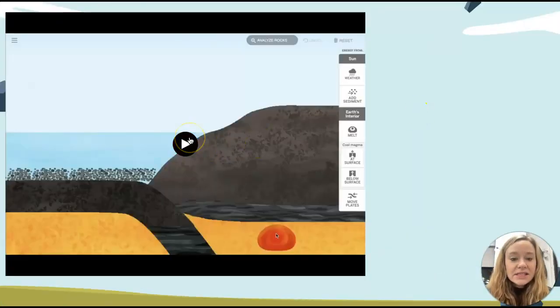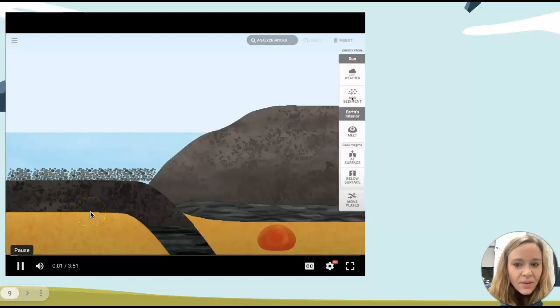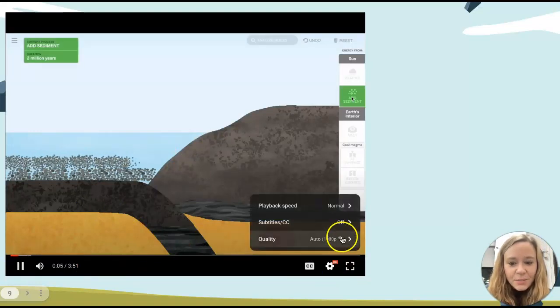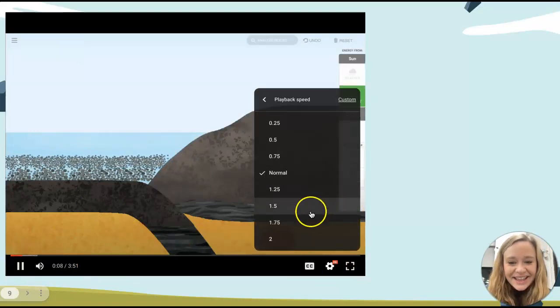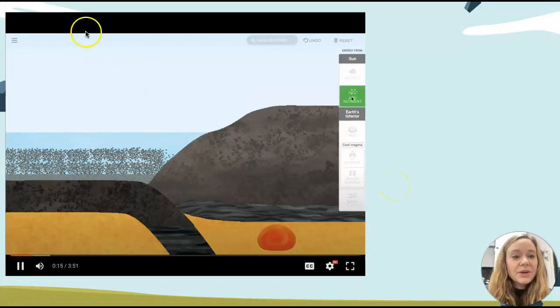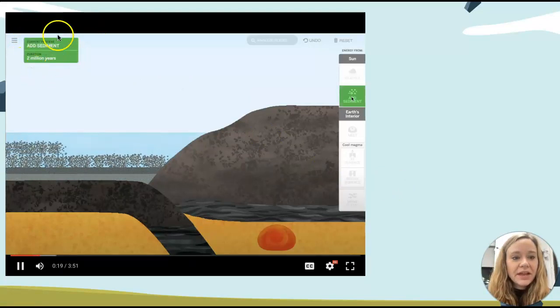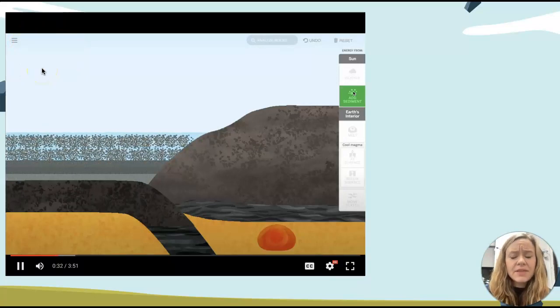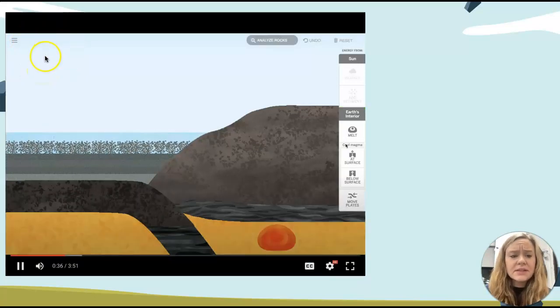All right, this is the simulation that really explained everything that we did this year. I thought I had it going in fast mode, but I can push it out. Hold on. There. Okay, when we're using this simulation, it's important that we look up here at the current process and the duration, and know that these processes take millions and thousands of years to happen.